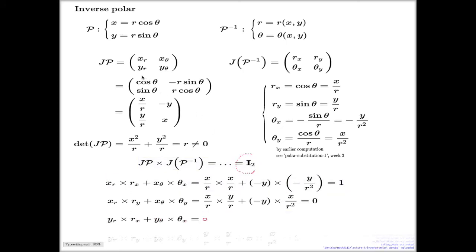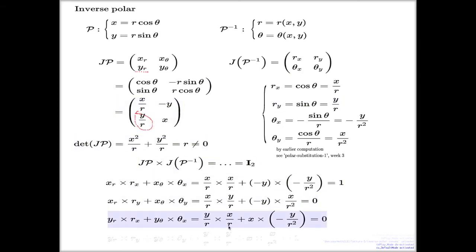This is a product of the second row here with the first column here. y by r is for this y_r, right here. x by r, it is r_x. From here, x is this component, and negative y by r squared is this component. And it is 0. Very simple arithmetic.